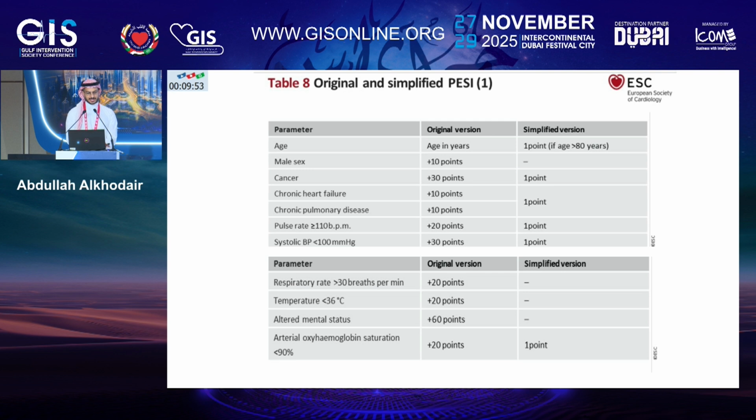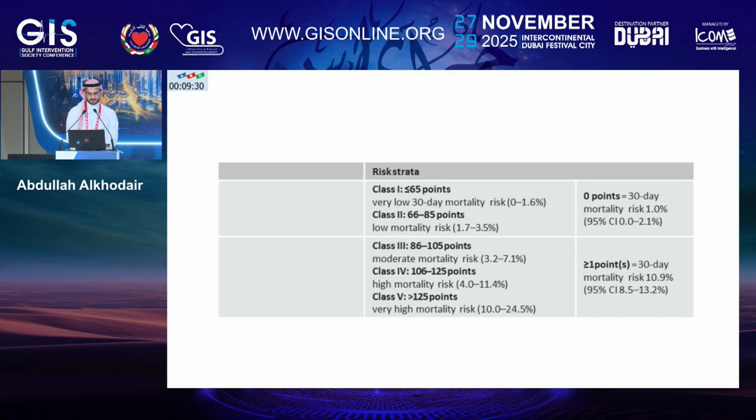It includes age, gender, presence or absence of clinical risk features like cancer, heart failure, and pulmonary disease, and also vital signs like blood pressure and heart rate. There was an original version and a simplified version, and both are well validated to indicate the degree of severity.